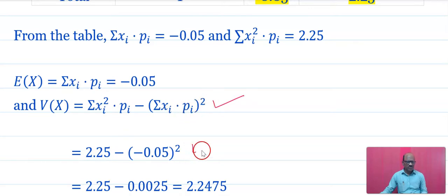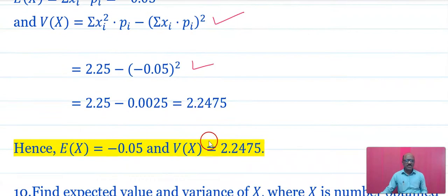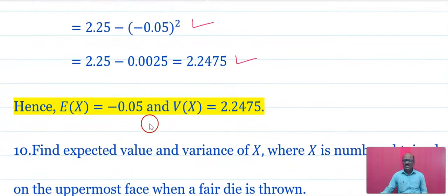That equals 2.25 minus, in bracket, minus 0.05, bracket square. If you perform its square, you will get 2.25 minus 0.0025, and their subtraction is 2.2475. Hence the E of x is minus 0.05 and the variance of x is 2.2475.